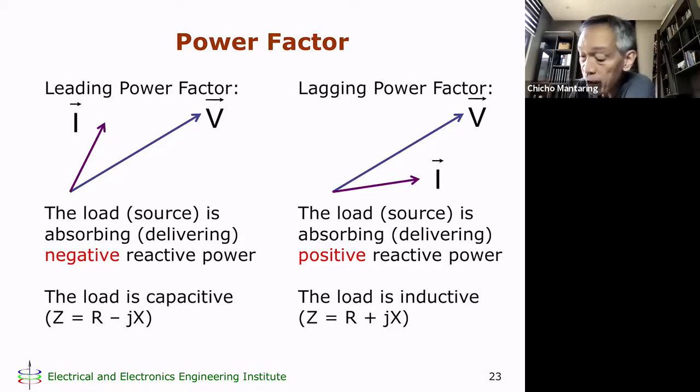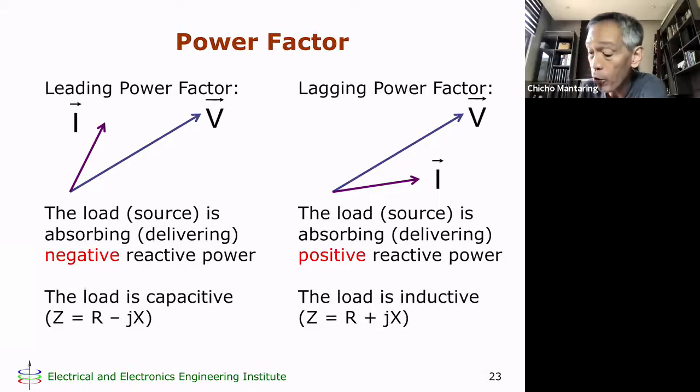If your power factor is leading, the load is absorbing negative reactive power. Or you can say it the other way: the source is delivering negative reactive power. So you have the perspective of the load or the perspective of the source.